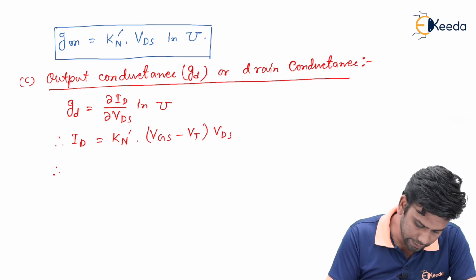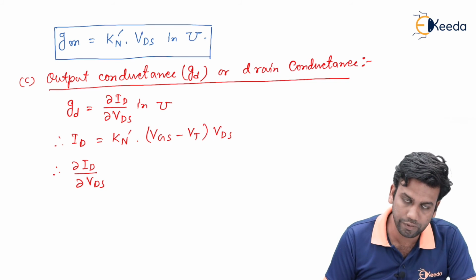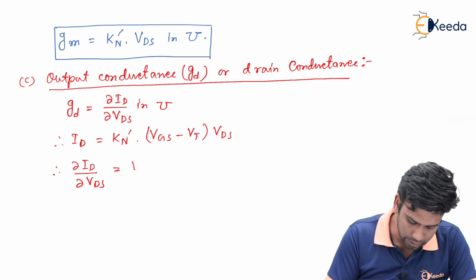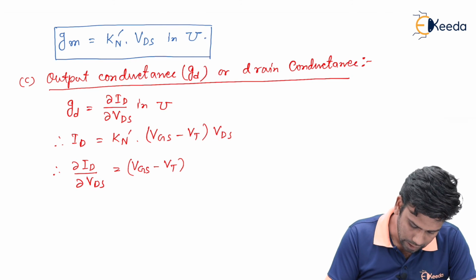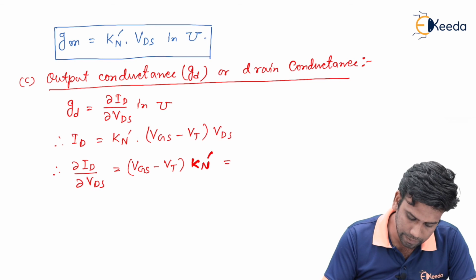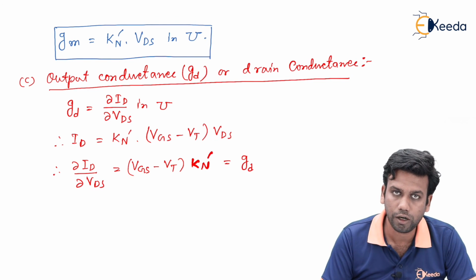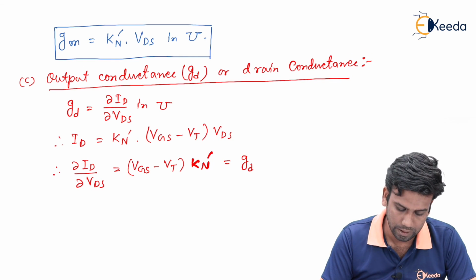So, if I find the value of del ID by del VDS keeping VGS constant, we get (VGS minus VT) into Kn dash. So, this is nothing but the value of output conductance GD of the NMOS in the triode region.